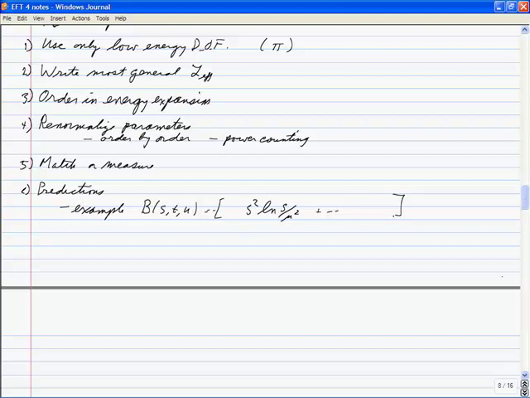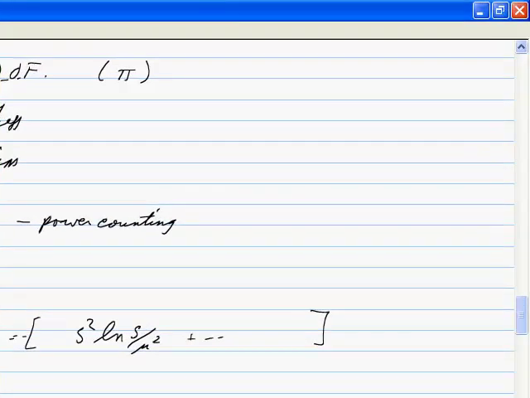Those are the residual predictions. To some extent, the energy expansion contains some of them, but these guys are real predictions of the theory. They're not measured.